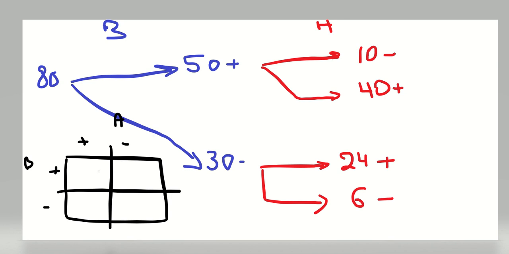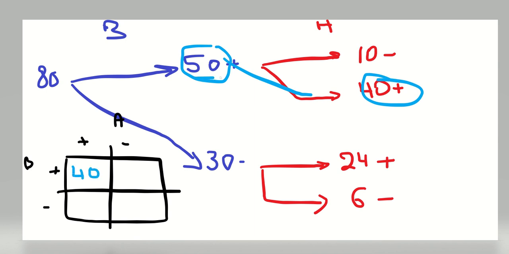So those who were positive and remained positive, these are the 40. I put them right here. Those that were positive but then changed their opinion and became negative, these are 10. Going to plug them there.